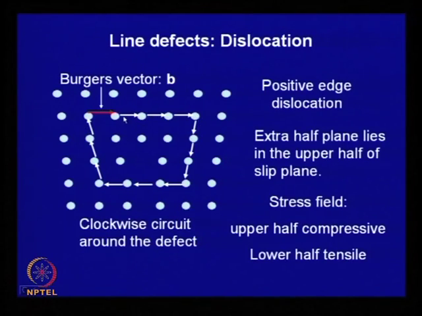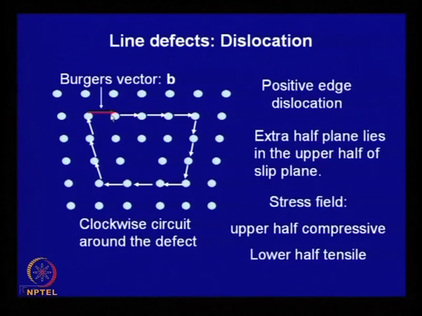So, you move 3 atomic distances this side, 3 atomic in the opposite direction, and here 3 this way down, 3 atomic spaces up, and you reach over here. So, what you get is you do not come back to the original point. If you do it in a perfect lattice, this circuit will close. So, this circuit does not close.